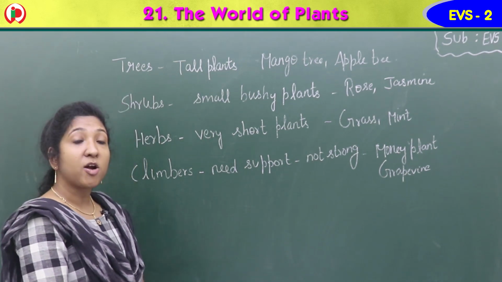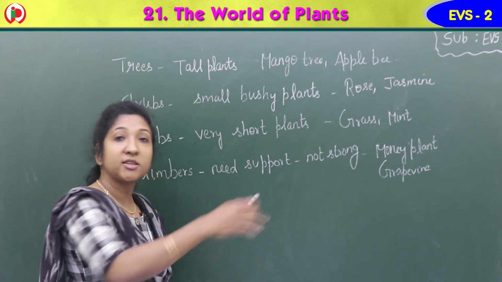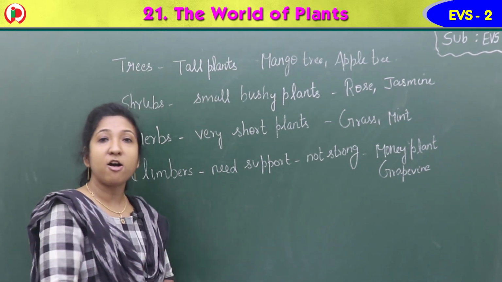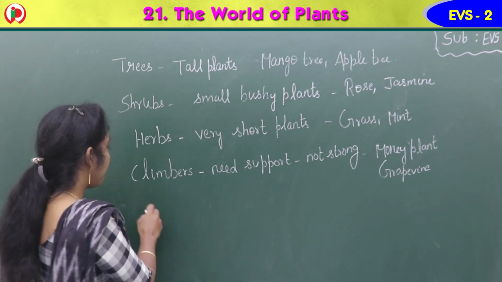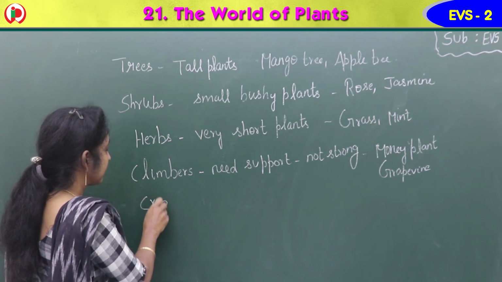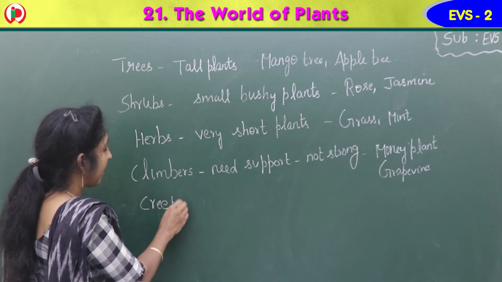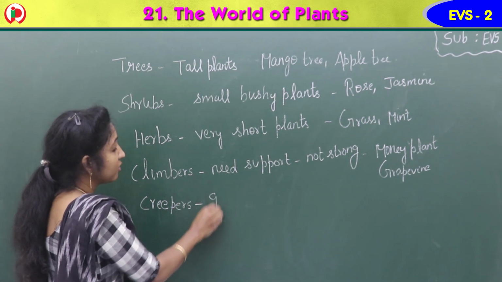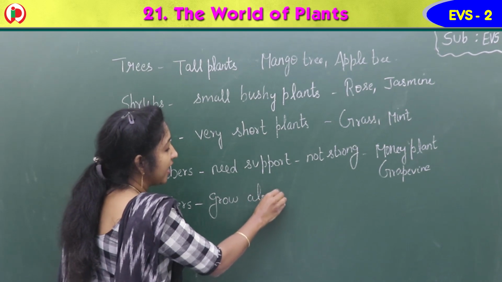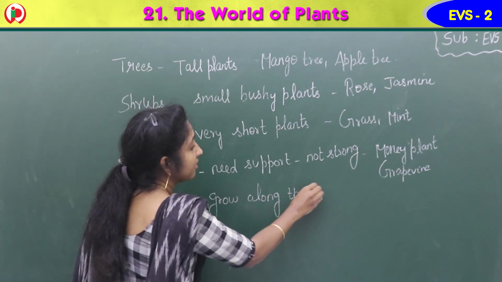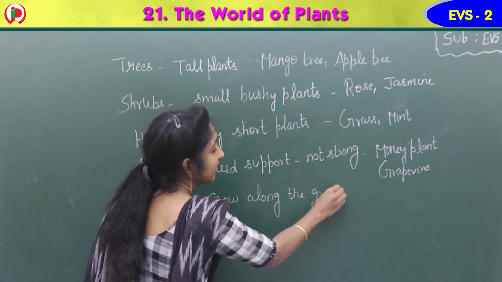Then we learned about some plants that grow along the ground or creep along the ground. They are known as creepers. Yes, creepers. C-R-E-E-P-E-R-S. Creepers. They grow along the ground.